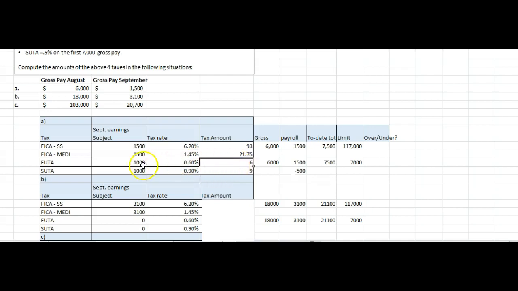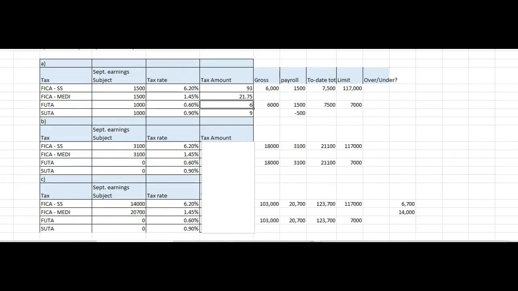The same is true on SUTA. I can only charge it on $1,000. And that's times 0.9%. So that's $9 in tax. Now, as you go down through here, guys, look at your limits. This one's nowhere near the limit, so that's probably going to be the full amount, right? But when I get to here, let's look at this.